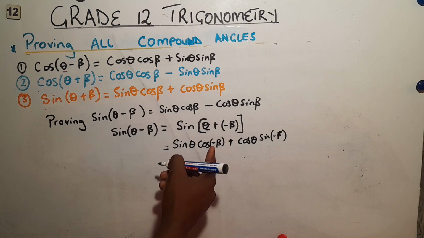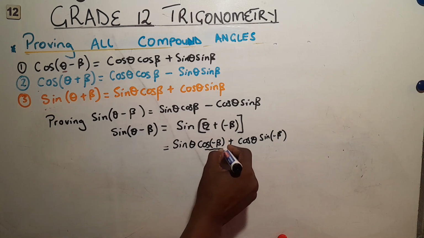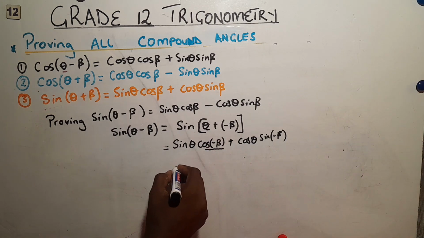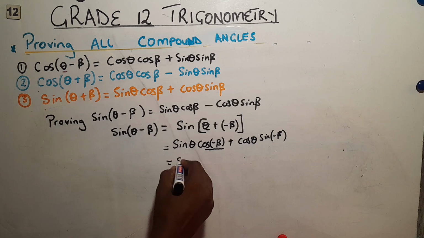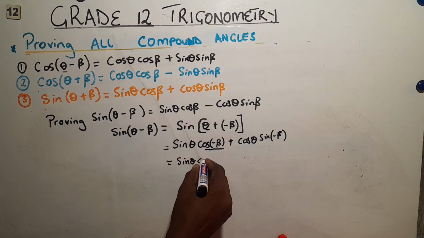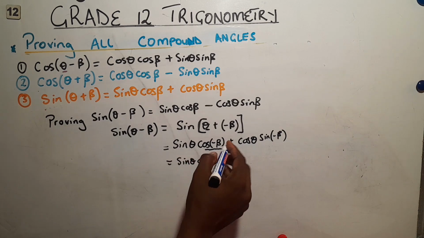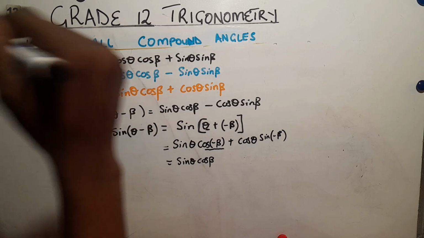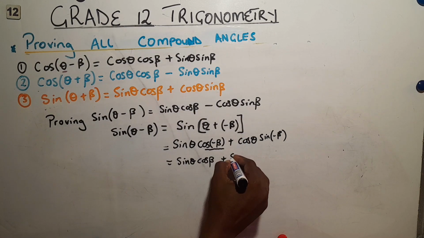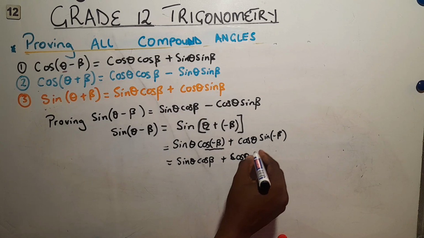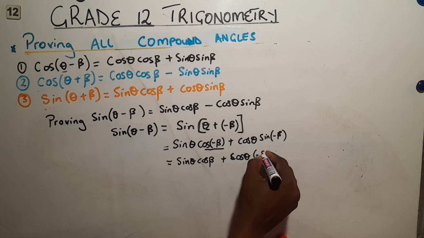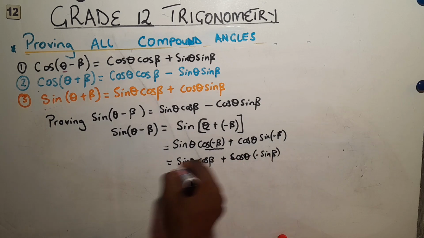So now this, as we talked about, this doesn't change, it will remain as cos beta, right? So this will be sine theta cos of beta, because this is in the fourth quadrant, right? So plus cos of theta, and this will be negative sine of beta.